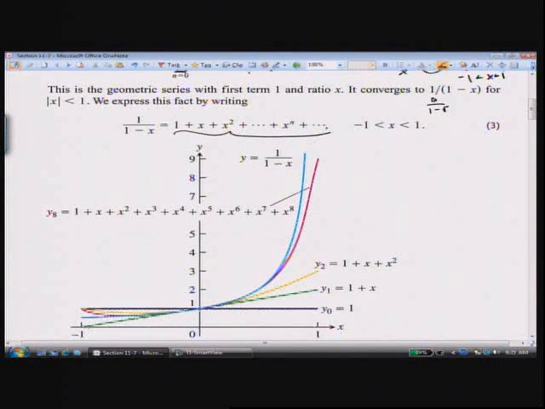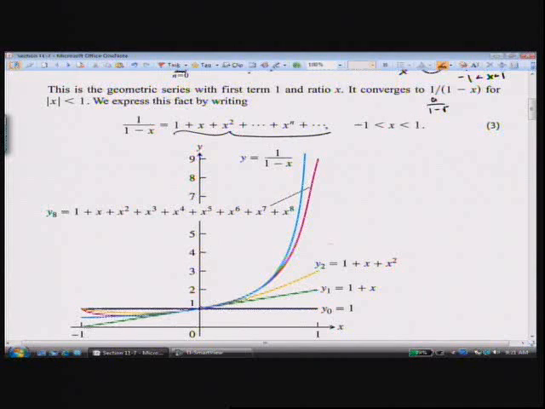And what's so very interesting about this is that the closer you are to 0 for X, you notice that you get right on there. If X were 0, this equation is 1, and this equation is 1. You're right there, right?